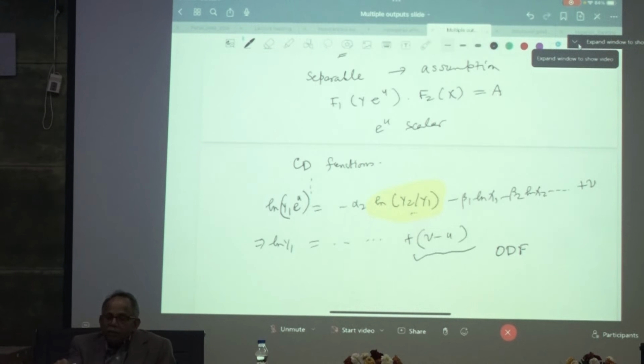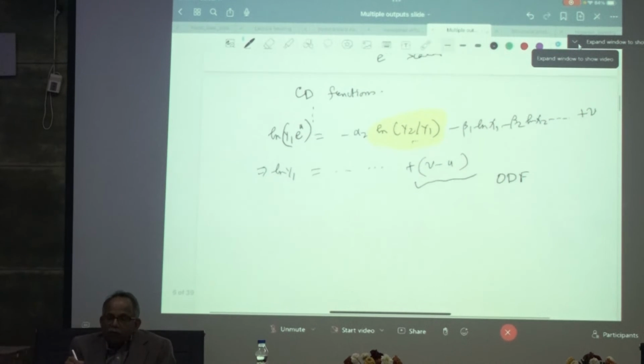Now, if you look at the input distance function with inefficiency. Now I'm lazy, I'm leaning on this thing, that's why my lines are not straight. So inefficiency is in the inputs this time.